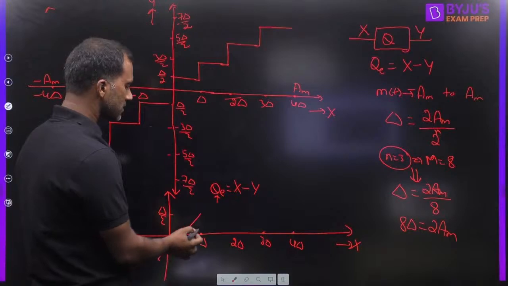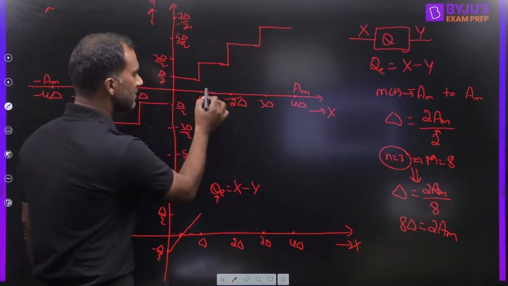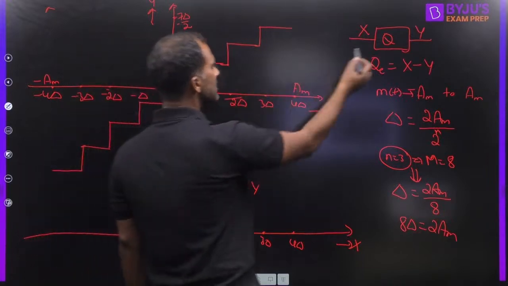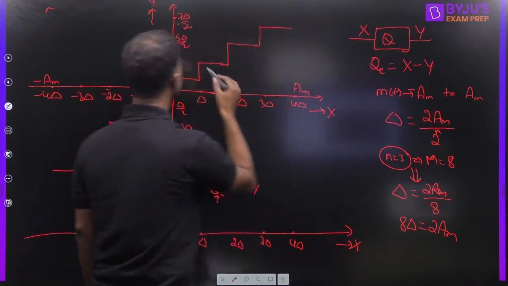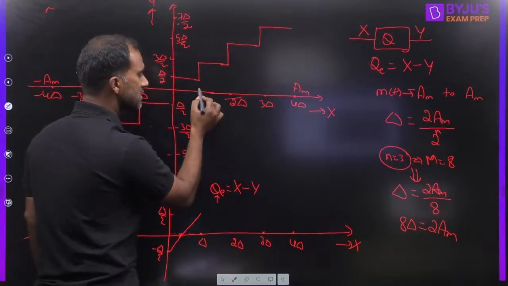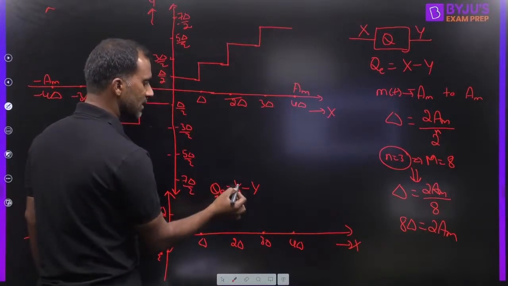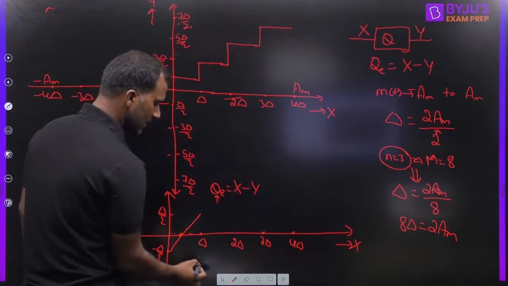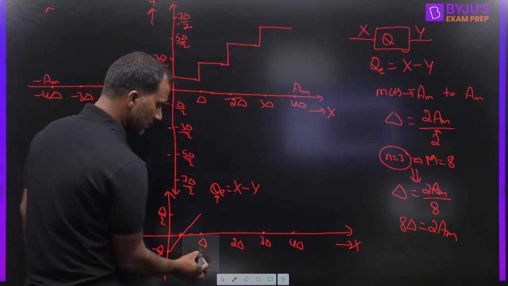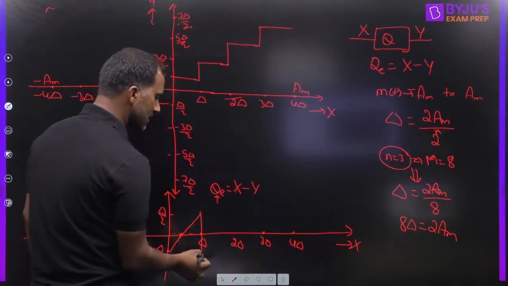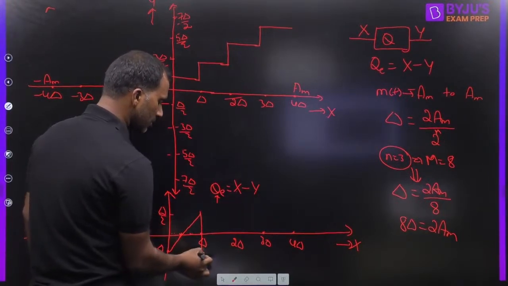After delta, just after delta, we come into the second region. For any voltage in the second region given as input to the quantizer, the output is 3 delta by 2. When the output is 3 delta by 2 and the input is just higher than delta, the error will be minus delta by 2, same as before. And as x increases in this region, the quantization error also increases because y is fixed at 3 delta by 2.